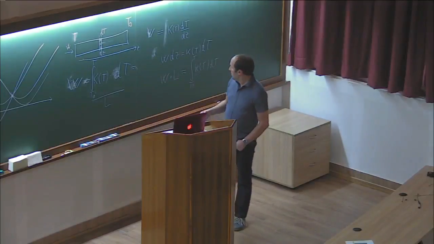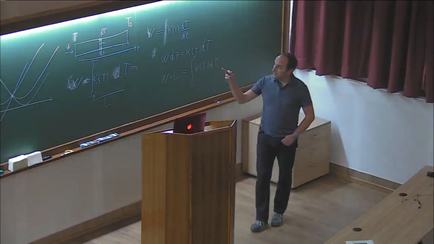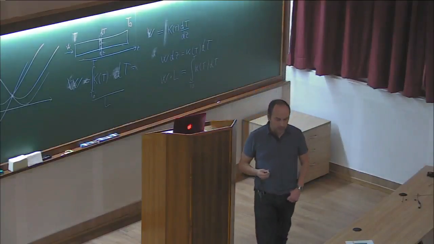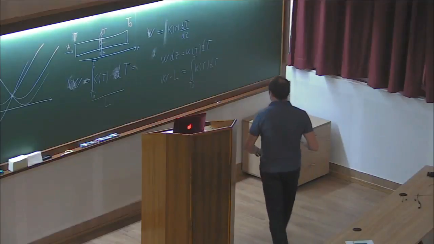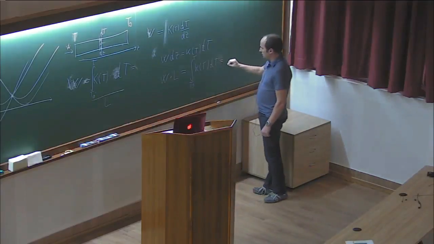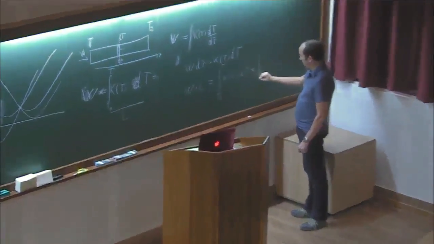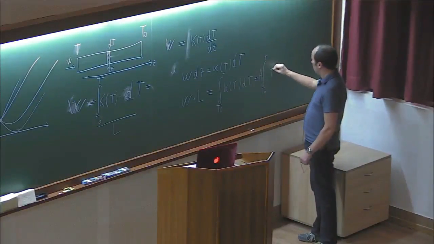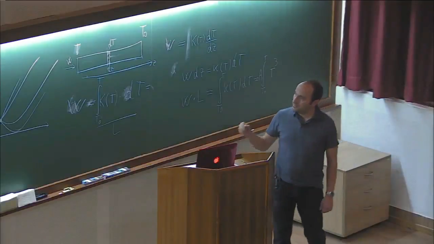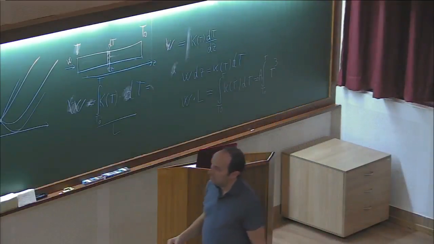If you do this integration and take into account that the thermal conductivity depends on the temperature, you get something like A T cubed, where A is the constant of proportionality we have here.